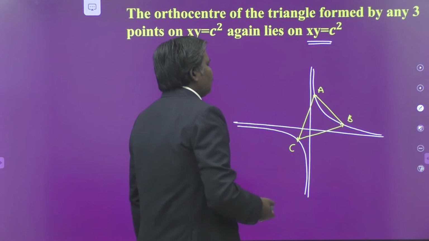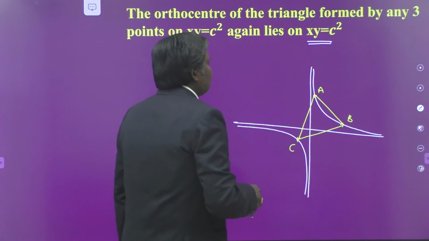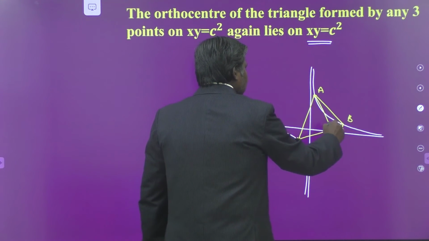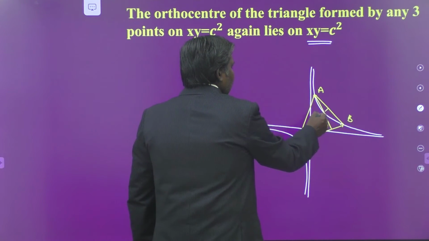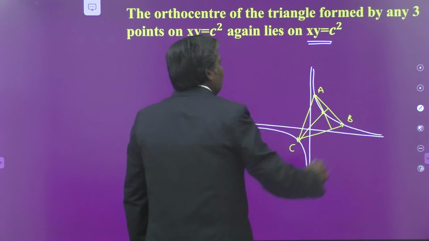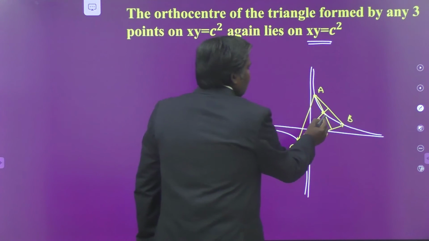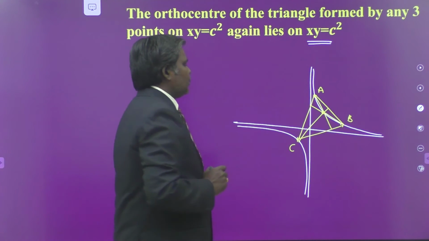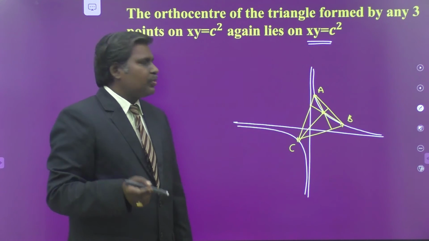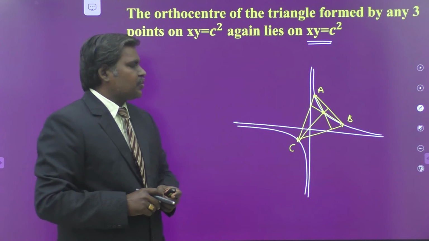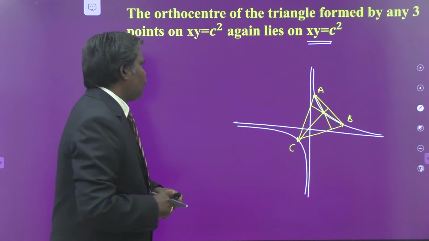If you find its orthocenter, again it lies on what? Again it lies on the rectangular hyperbola, because suppose this is one of the altitudes, you draw another altitude, their point of intersection is again on the hyperbola. You can draw the third altitude also in this manner. That is your orthocenter. You have to prove that your orthocenter lies again on your rectangular hyperbola xy is equal to c square. How to prove this?